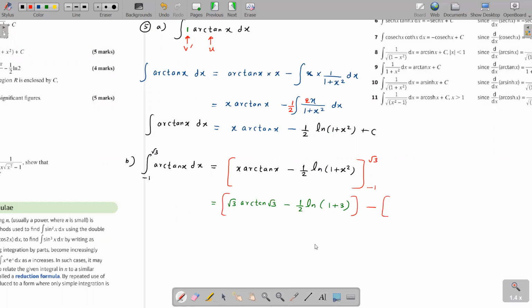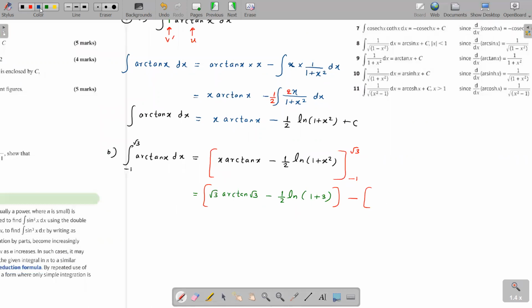Compulsory minus in the middle, put -1, we get -1 arctan -1 minus half ln 1 plus x square is -1 square. -1 square shall I directly write as +1? Saves us time, right? Okay, arctan √3, I think we can get an exact answer. What is arctan √3?